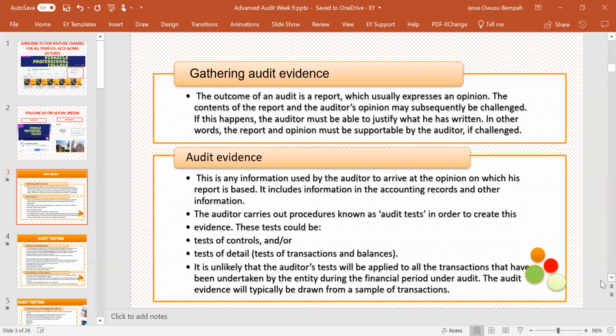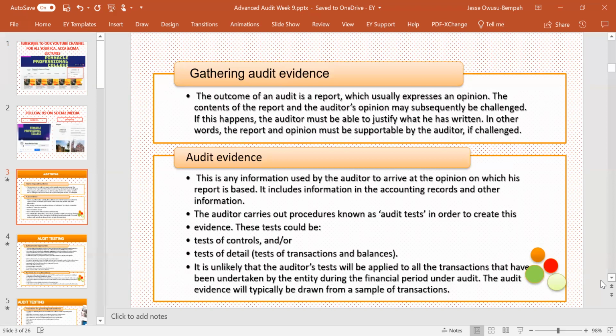Please take note of this: it's unlikely that the auditor's tests will be applied to all the transactions that have been undertaken. One of the important things in auditing is sampling, because organizations have lots of transactions within a year, and it is not cost and time efficient for an auditor to test every single transaction.